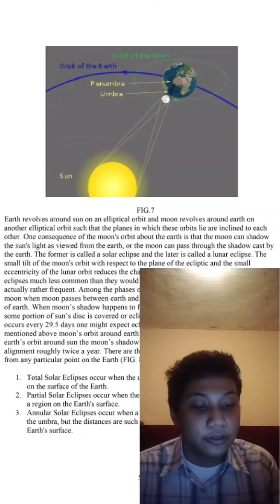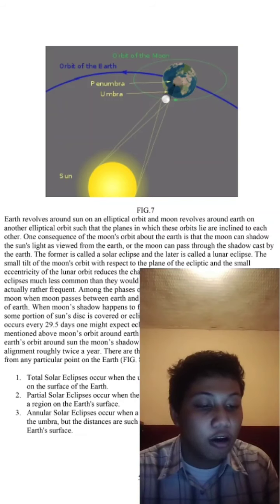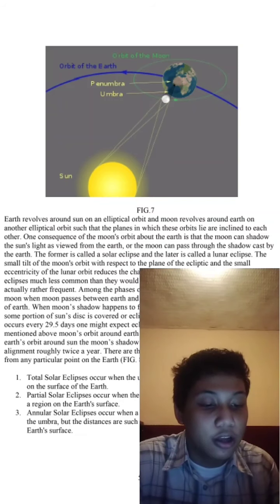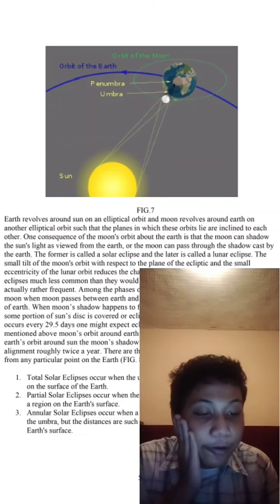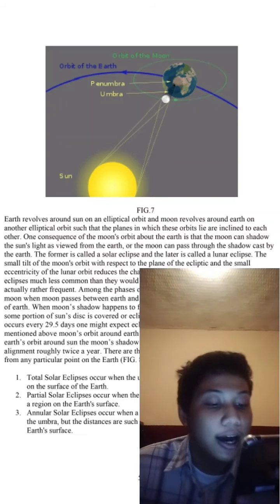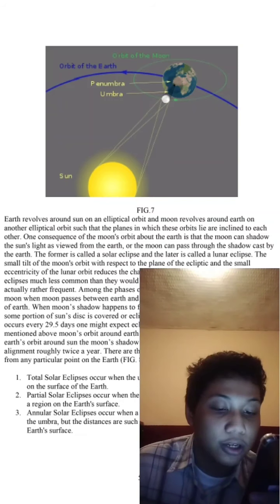Earth revolves around the sun in an elliptical orbit. The moon revolves around the earth in another elliptical orbit, such that the plane in which this orbit lies is inclined to the earth's orbit.